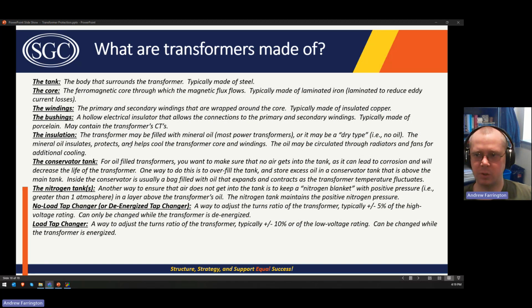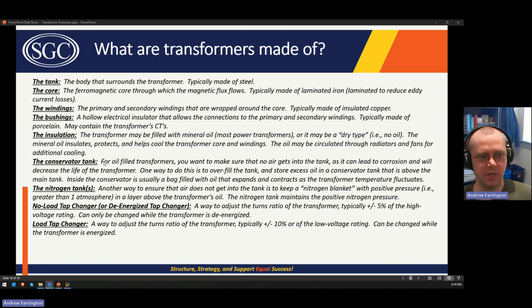The insulation: the transformer is probably filled with mineral oil, which is the case for most power transformers, or it may be dry type, which basically has no oil in it. The mineral oil has a couple of nice properties.